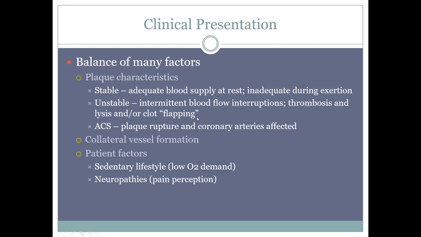What is the presentation based on? A lot of it depends on the plaque, right? Where it's at, like I just mentioned, will give you an indication of the amount of damage that could be there. But some of it depends on the plaque itself. There's something we call non-vulnerable and vulnerable plaques. Some plaques, for whatever reasons, I don't think they know all the reasons why, are prone to rupture. They have very thin caps and a high amount of lipid on the inside of them.